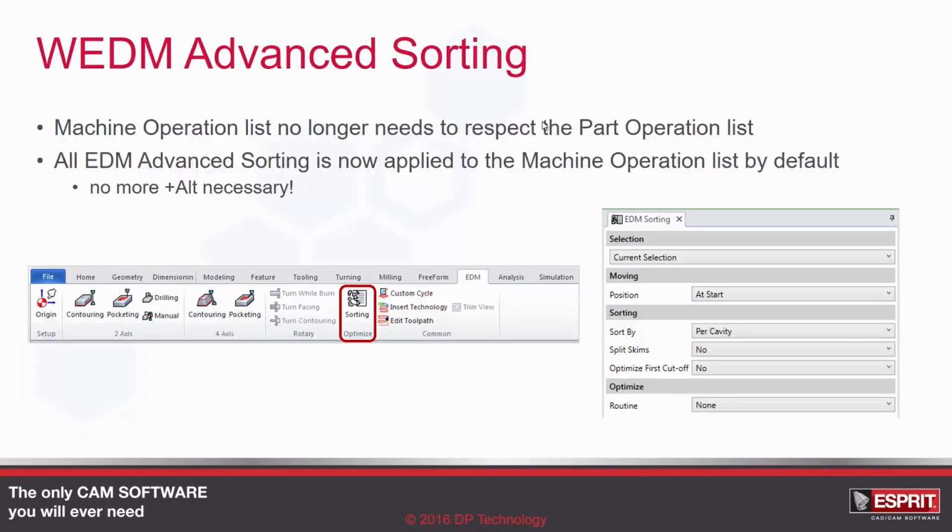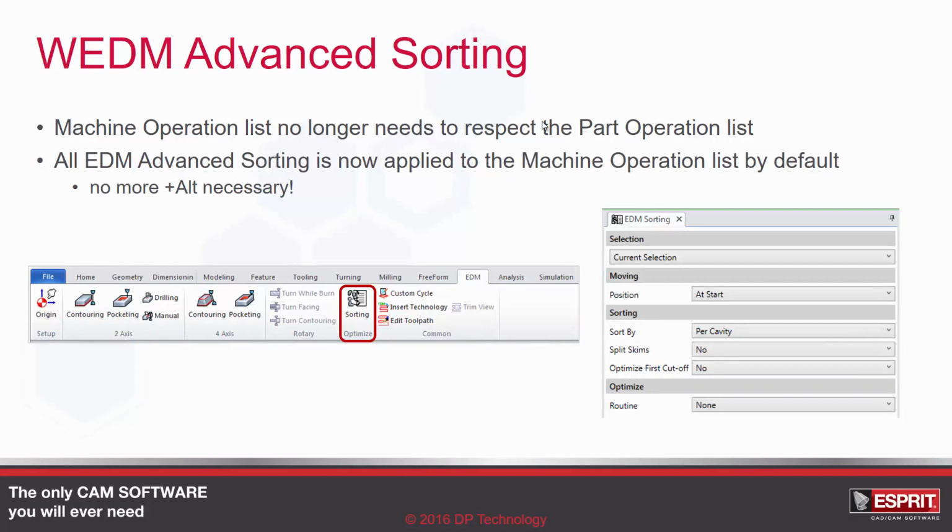So some changes, big changes here. The machine operation list no longer needs to respect the part operation list. So again, previously by manually sorting operations, you may have noticed that sometimes ESPRIT was preventing you from actually moving a cut exactly where you wanted. And that's because of the limitation placed upon us from the machine operation list needing to respect the part operation list.